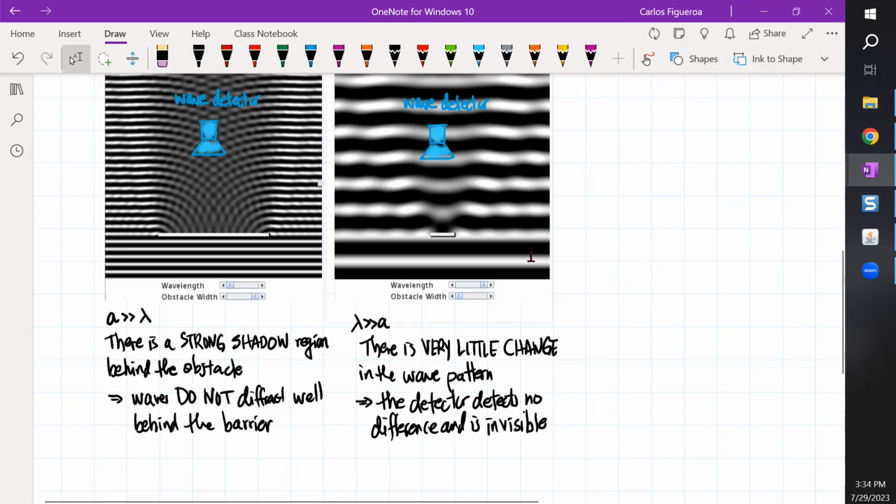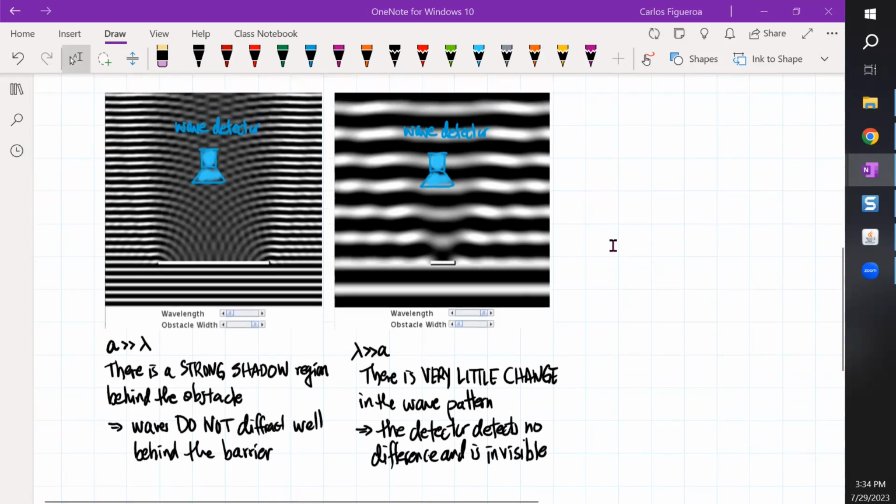That's like throwing a cork into an ocean. The ocean waves are so big and the cork is so small, you can't disrupt the waves.